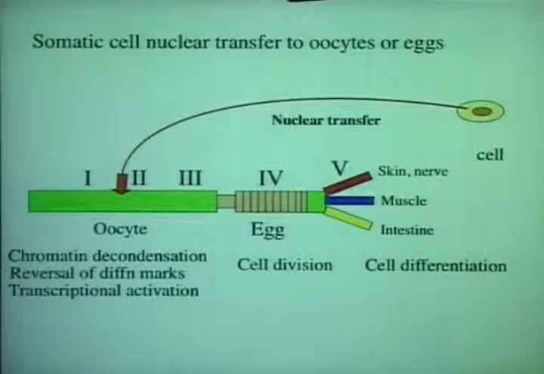Now, it's helpful to put this whole process in the context of development, and my suggestion is that the way development actually works is to reprogram a nucleus during oogenesis, the oocyte growth period, and this would, for example, apply to the nucleus that is in the oocyte.